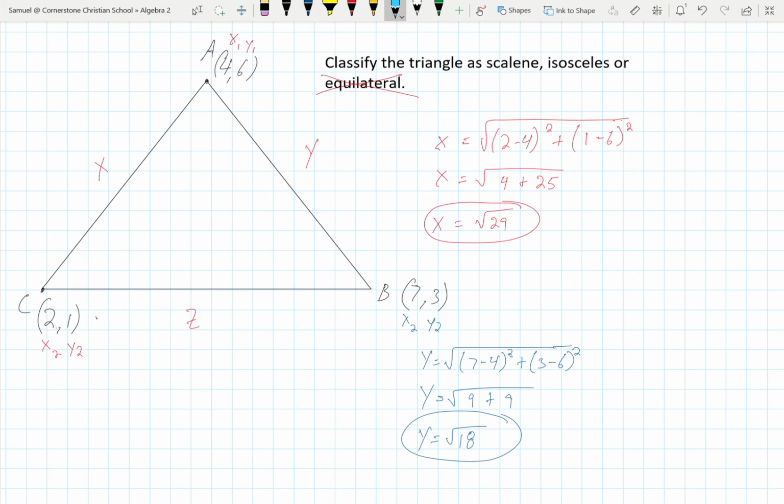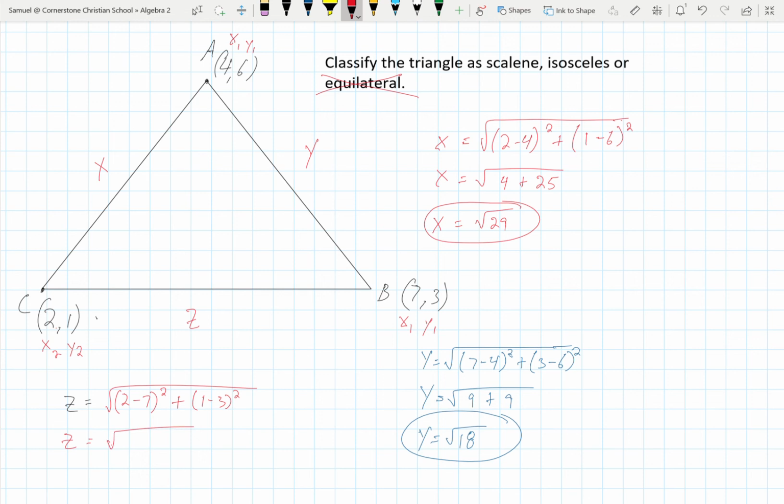Now, when I'm solving for z, earlier I called C x2, y2, and I called B x2, y2. We're just going to change one of them. Let's change B. B is now x1, y1. Because the distance from B to C is the same as the distance from C to B, so it's not going to affect the outcome. So 2 minus 7 squared plus 1 minus 3 squared.